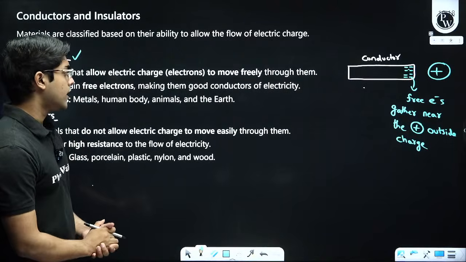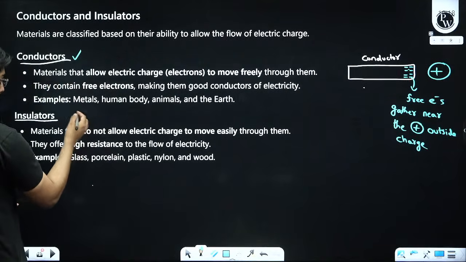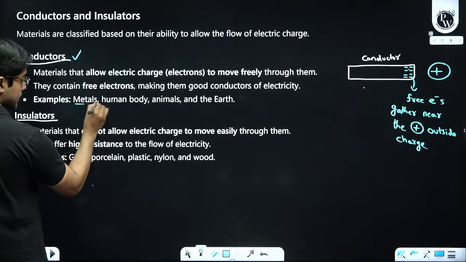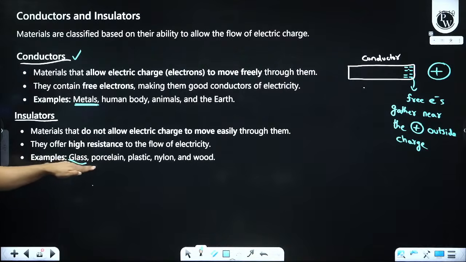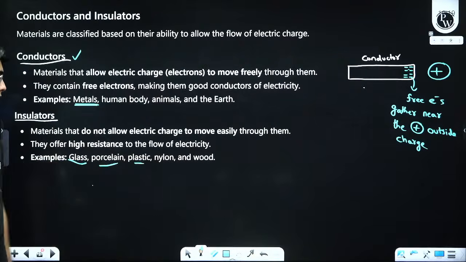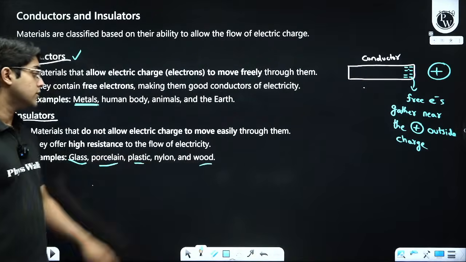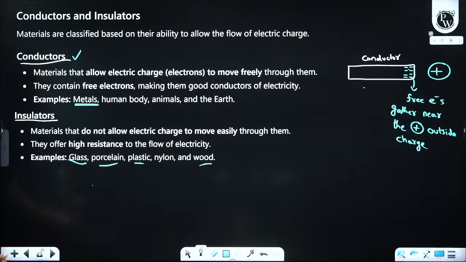Okay, and then you can remember these material examples as well. Metals are very good conductors of electricity, as you all know, and insulators example would be glass, porcelain, plastic, right, wood. These are good insulators.